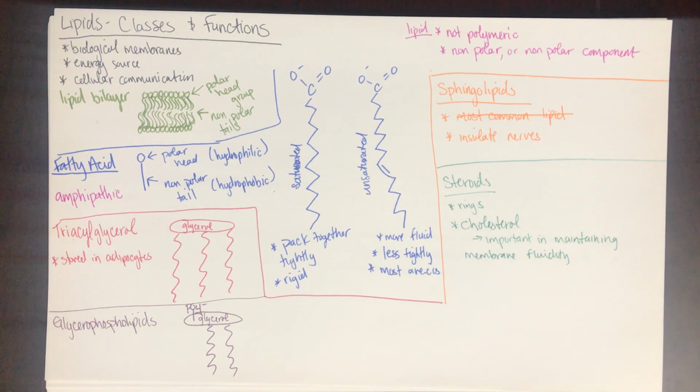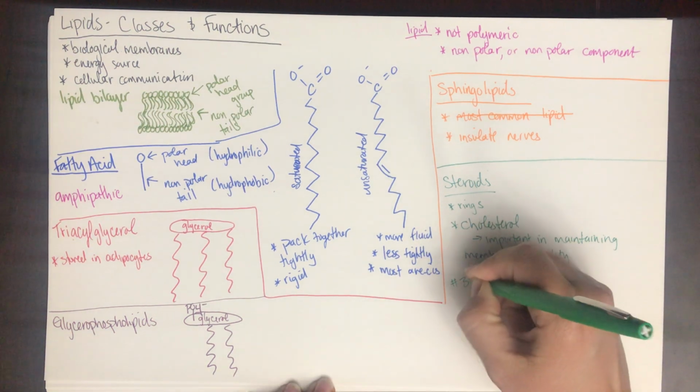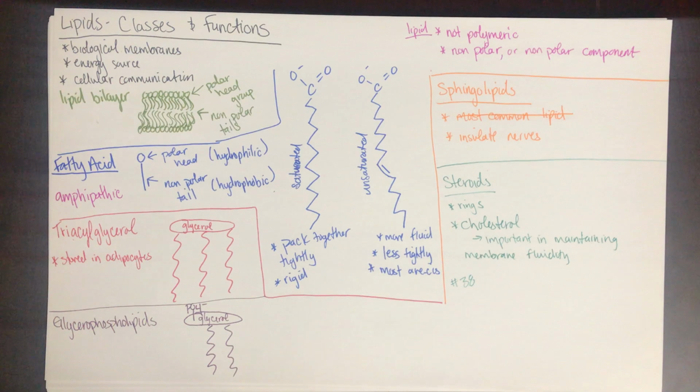There is a slide number 38 in your lecture, and it shows what's called the fluid mosaic model of biological membranes. It shows this lipid bilayer with a cross section. It shows proteins that are spanning the membrane.